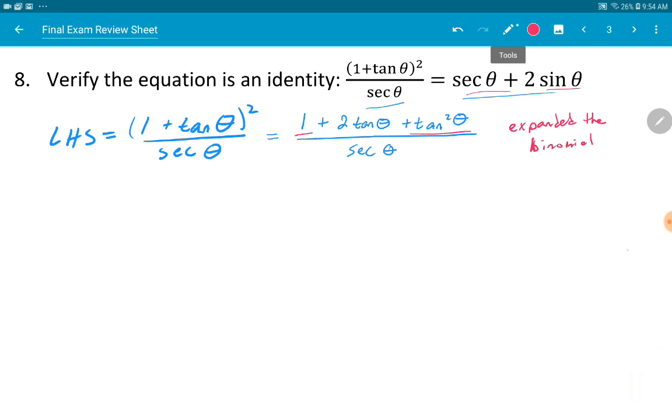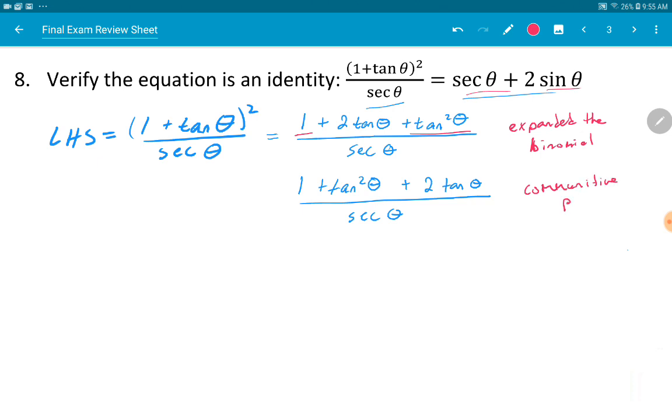So I'm going to do a little rearranging here. I'll do it in blue: the 1 and the tan squared together, and that leaves me the 2 tan. All I did there was change the order. I'm just reordering, because addition is commutative, so I can switch the order.